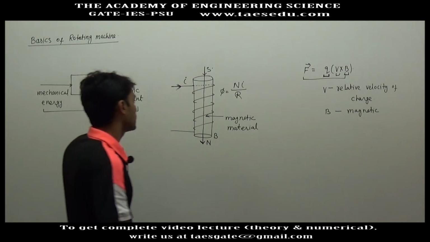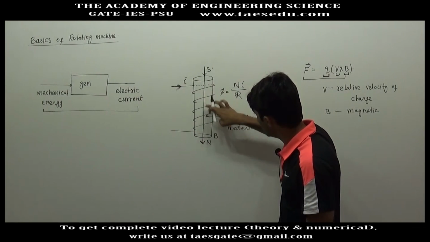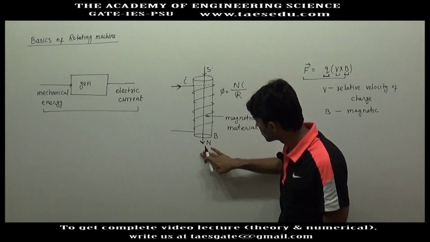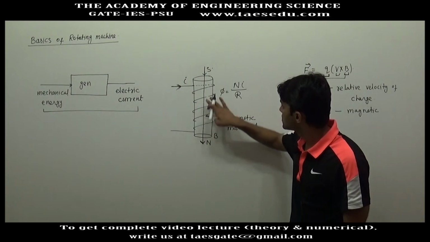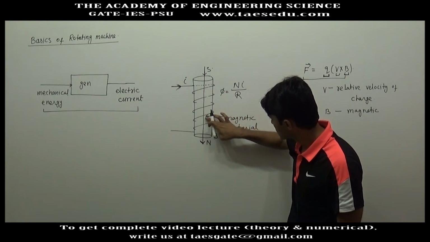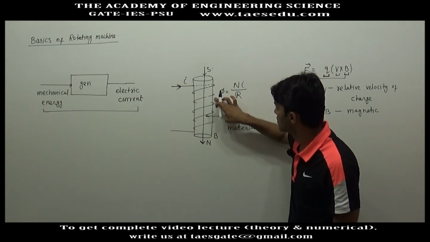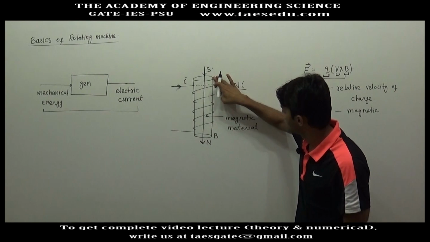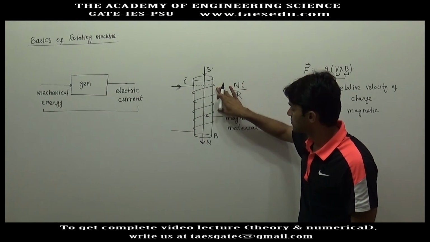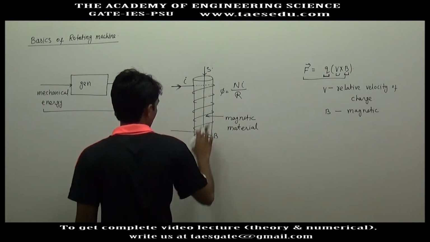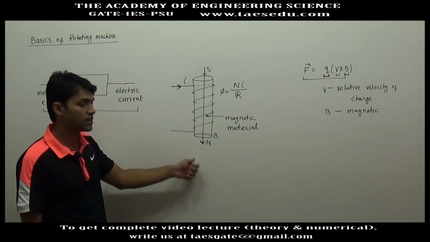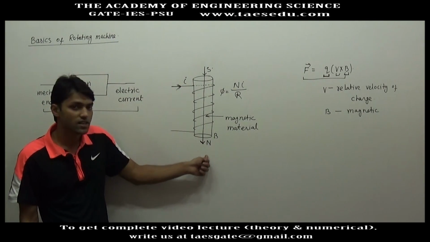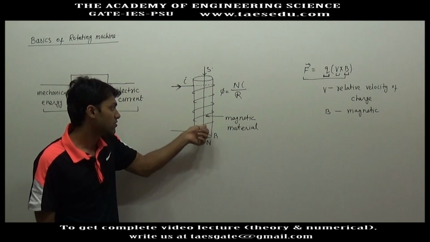What I am saying is that based on this direction of magnetic flux, we cannot decide the north pole and south pole of another material. The north pole and south pole of another material will be decided by its own magnetic field, not on the basis of this magnetic field.